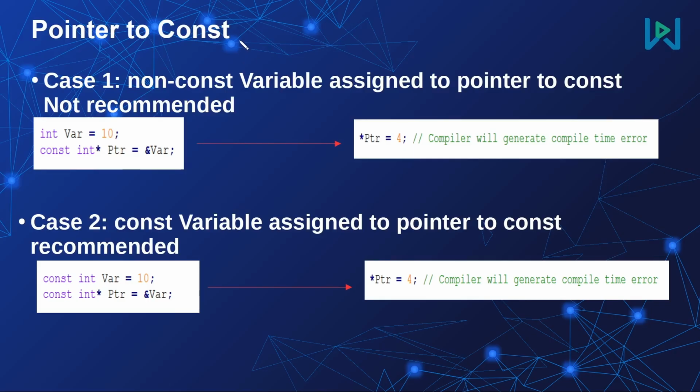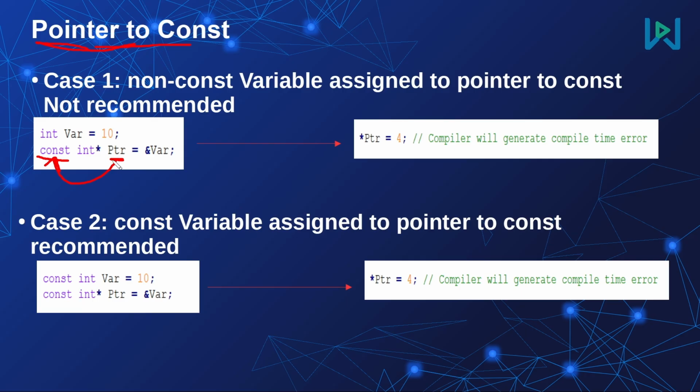We'll start now by listing the different combinations between pointers and const type qualifier, like pointer to const, or const pointer, or const pointer to const. We'll start first of all by pointer to const. Here we can declare a pointer and the type of the variable that the pointer is pointing to will be const.